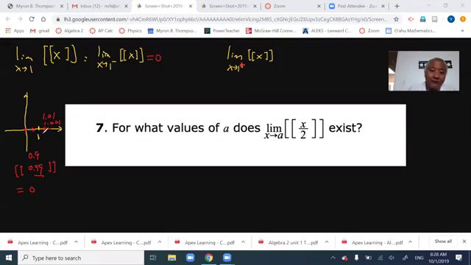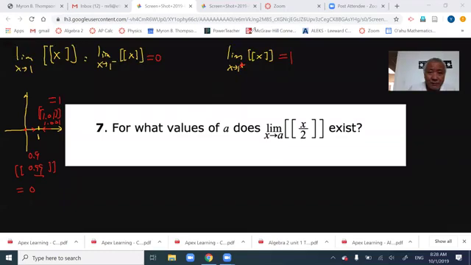The greatest integer possible that is still less than or equal to 1.01 will be 1. So this one equals 1.